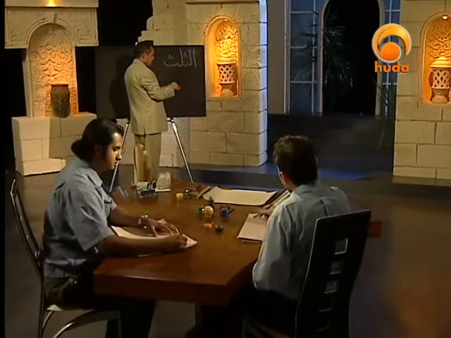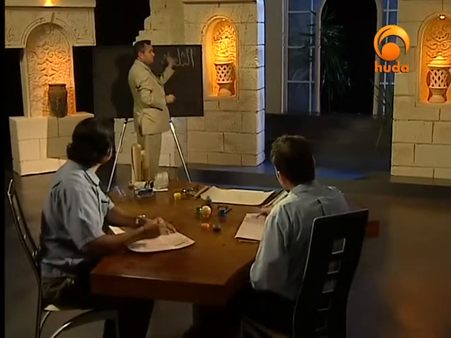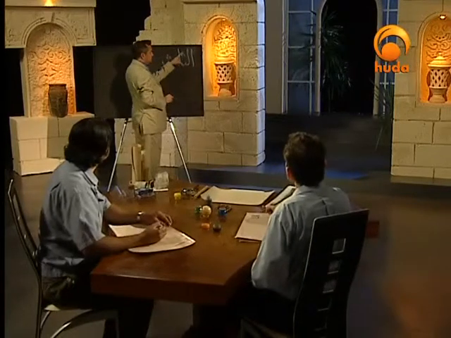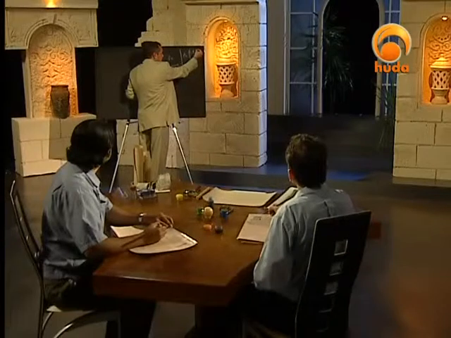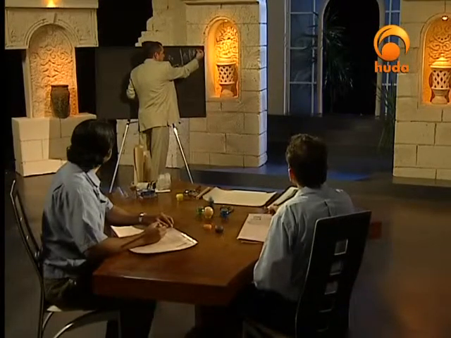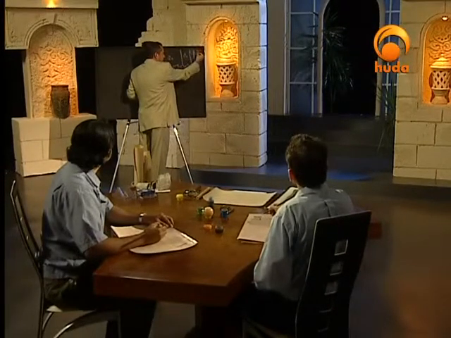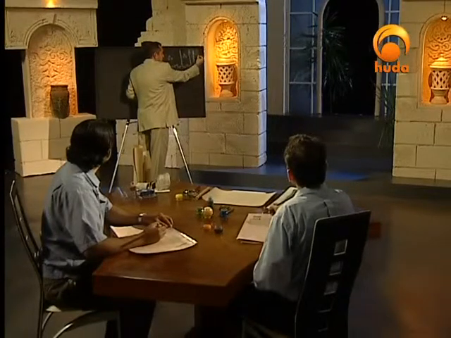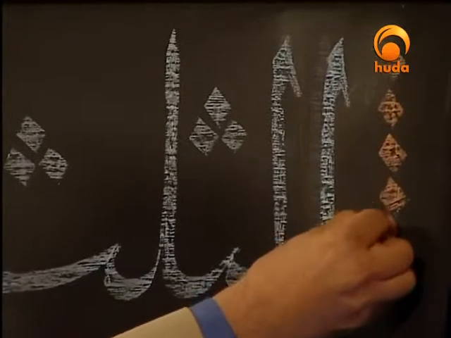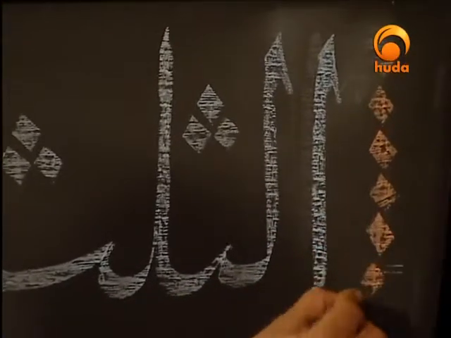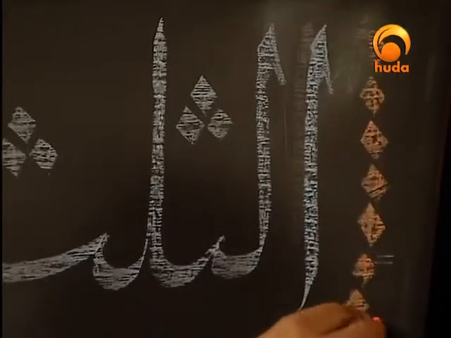As an idea about the measurements of this font or style, it measures generally like this: 1 dot, 2 dots, 3, 4, 5, 6, and 7.